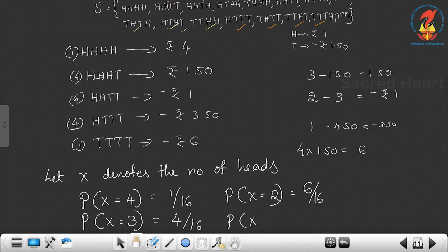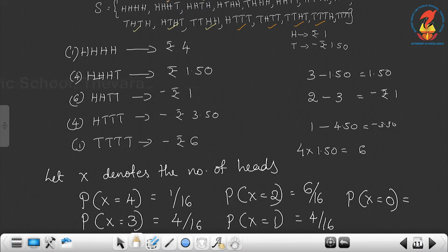Now P of X is equal to 1. X is equal to 1 H and triple T. The amount is minus 3.50. So what is the probability of this particular amount? 4 out of 16. Now the last one, P of X is equal to 0. That is 4T.